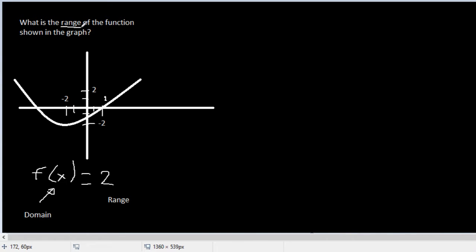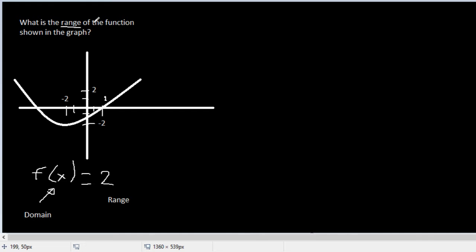In other words, if they're asking you for the range of the function, then you would look at the graph and say, well, the vertex of this parabola looks like it's at -2. And so all of the values of this parabola are actually greater than or equal to -2.